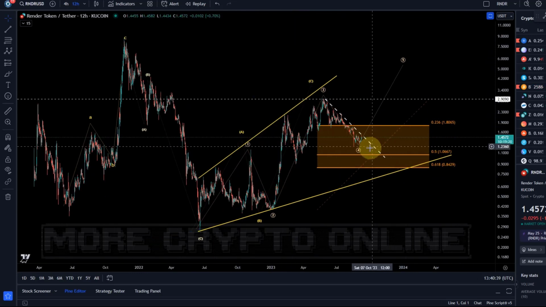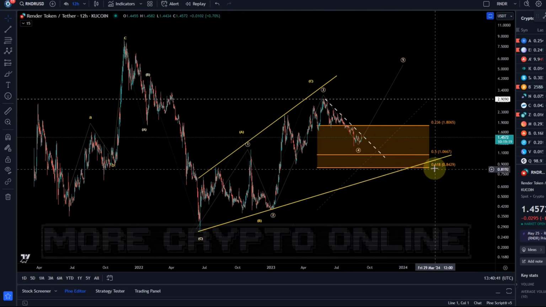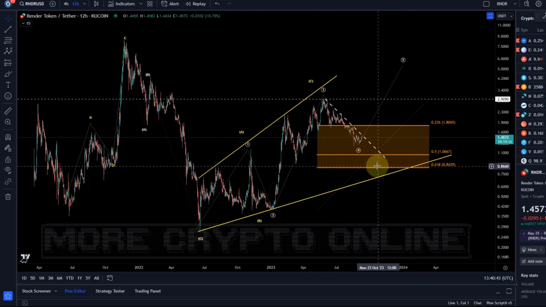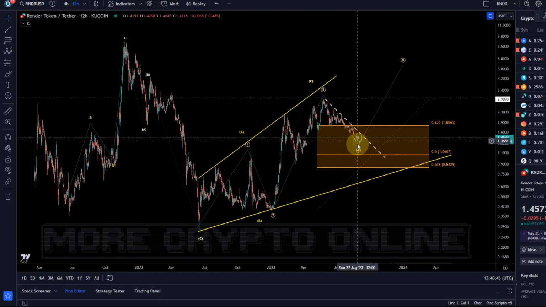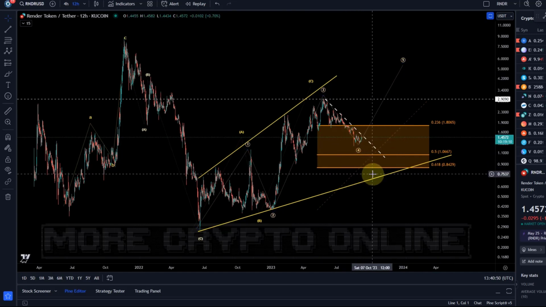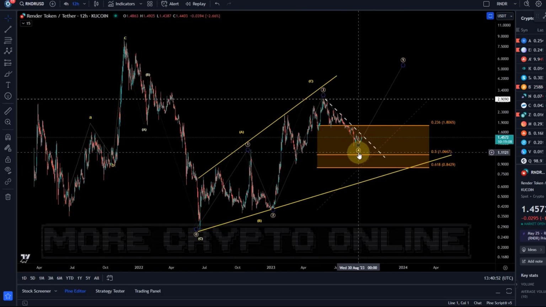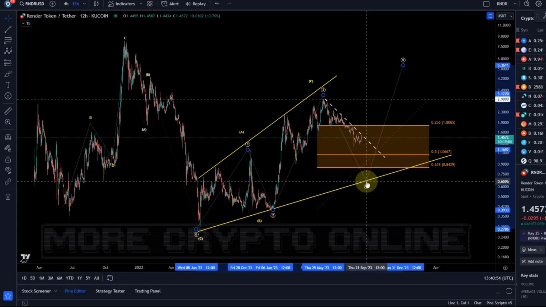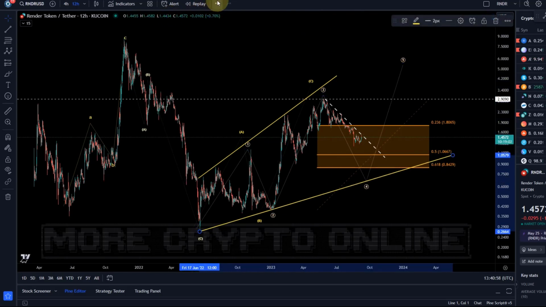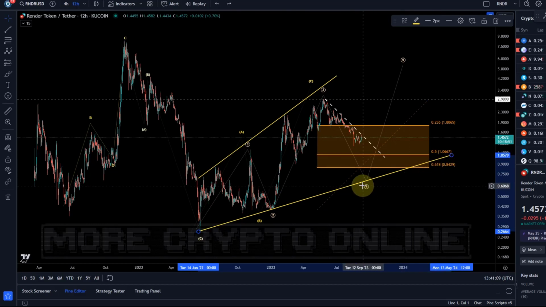But again, as long as price is holding the 84-cent level, that's the 61.8 retracement level, it technically can give us a 5th wave up. Below that level, it is going to be highly unreliable that this is still a wave 4. I mean, you could argue maybe it's coming down all the way to that trend line down there, if it's really an expanding diagonal which is playing out here, but they often fail eventually. Then the wave 4 could come down a little lower, might touch the trend line.